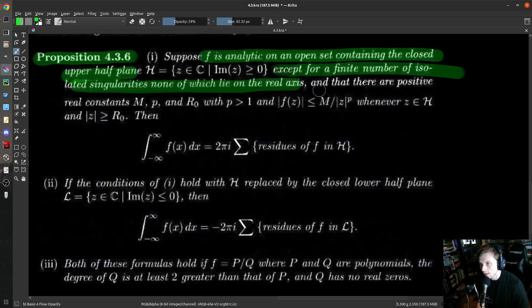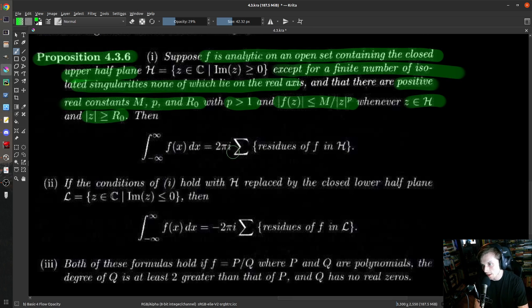Now we also need positive real constants m, p, and r naught, with p greater than 1, and f bounded in modulus by m divided by modulus z to the p whenever z is in the upper half plane and z is at least as big in modulus as r naught. So it can maybe not be true at first for small modulus z, but for sufficiently big modulus in the upper half plane, it's true.